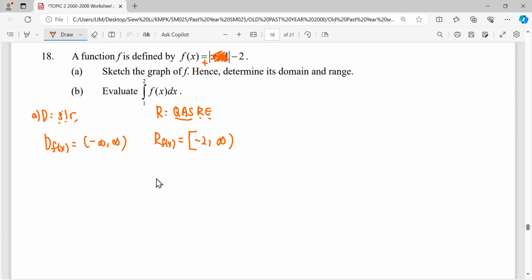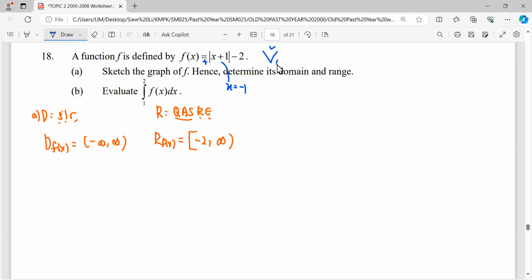So to draw this, we know that the minimum value is negative 2. And then what can we read from this x? x is negative 1. The absolute value only has a V shape, whether concave upward or concave downward. Since the absolute is positive, it will be concave upward.